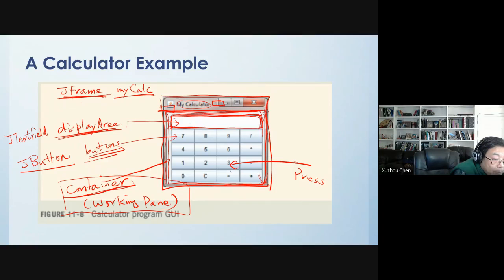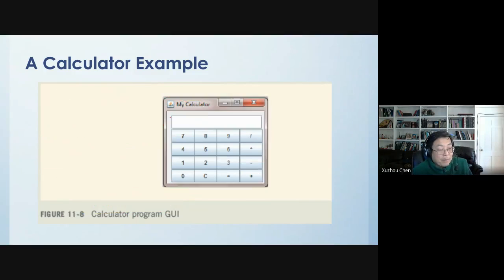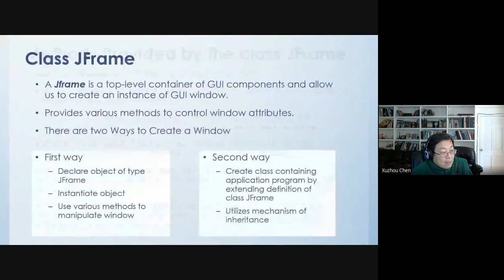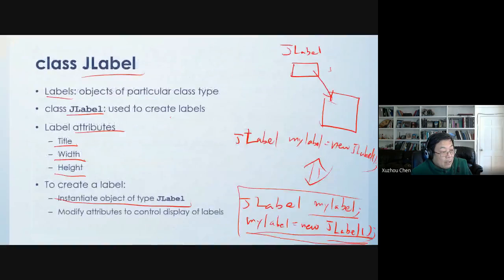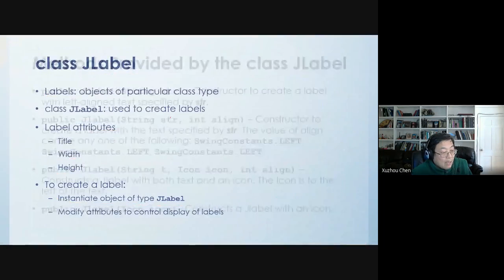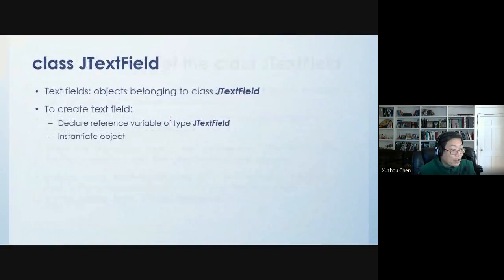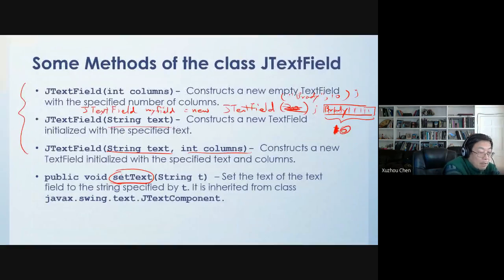So when you press this button, and the label on this button is 3, you hope to implement a method to set the number 3 in this text field. That's the key for the implementation of the method. So that's why setText is very important for the JTextField. You can set whatever text you want to set.